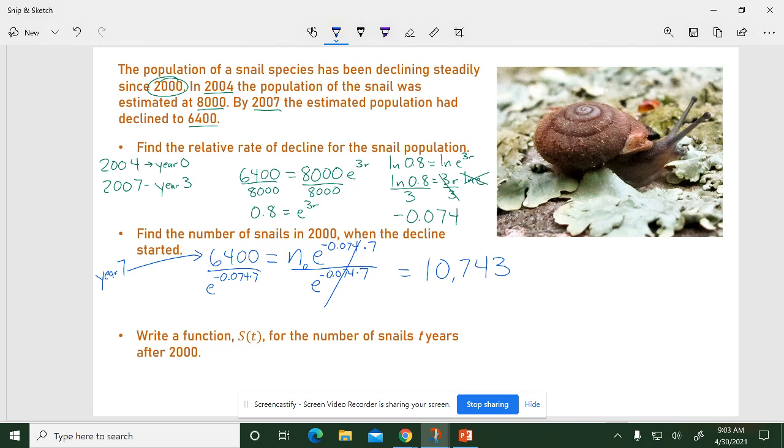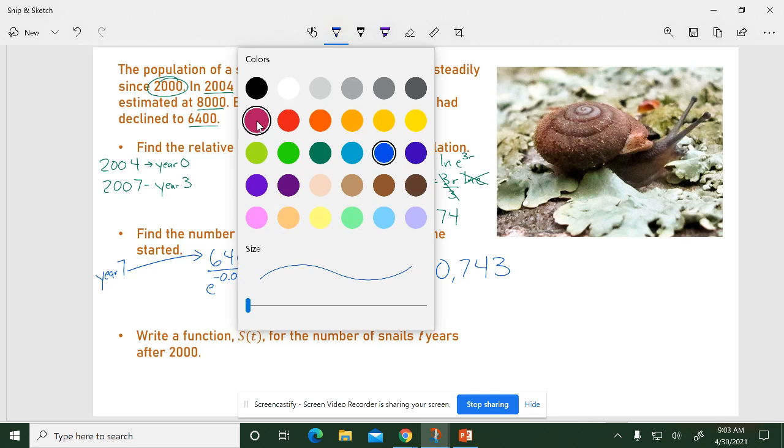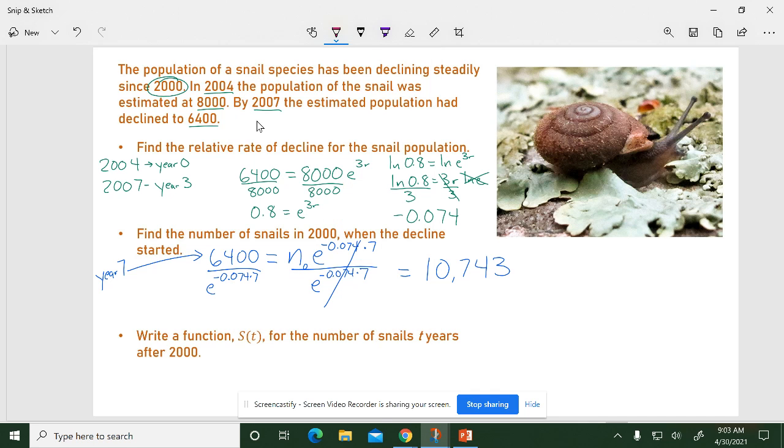Now the last thing it says to do is to write a function for the number of snails t years after this starts. So now we have our initial amount. It says t years after 2000, so we need to start with the amount in the year 2000. We have that. We know the rate at which the snail population is declining. That should give us everything we need.